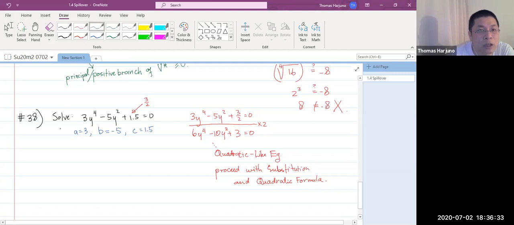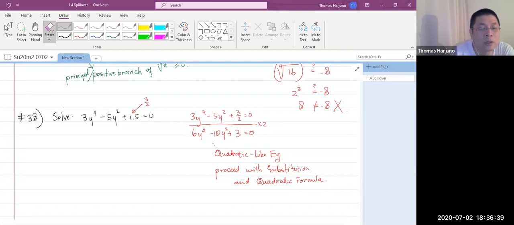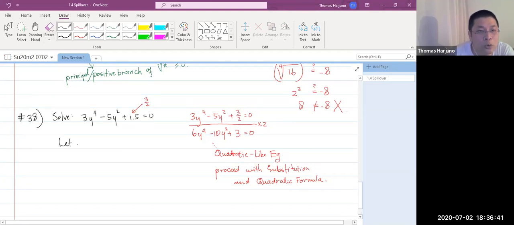Let me erase that first, my bad. Let me make a quadratic-like equation first. So let u equal y squared. So my equation now becomes 3u squared minus 5u plus 1.5 equals 0. And then my A is 3, my B is -5, my C is 1.5.